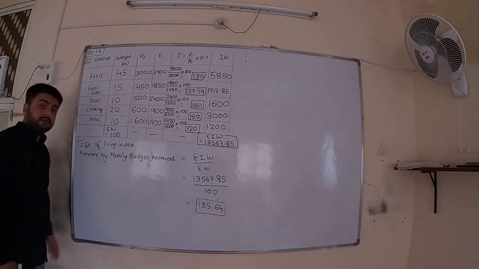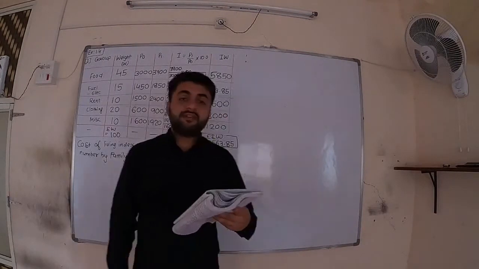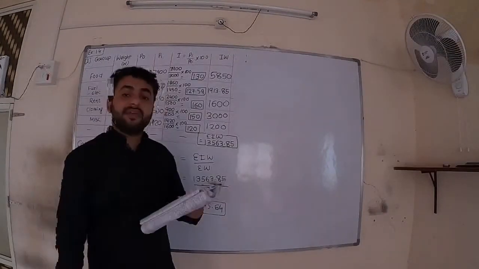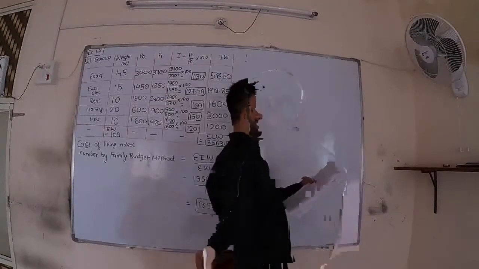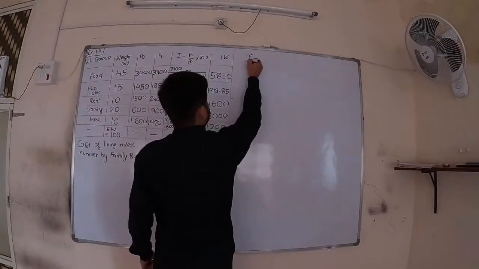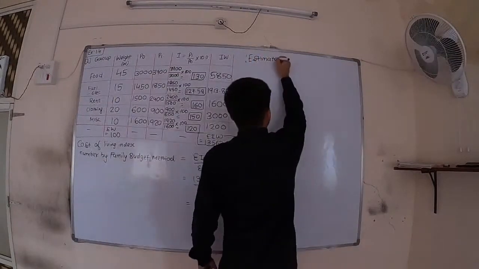Okay, now the average monthly income of a family for 2013 is 15,000. Now you will give the heading estimated.